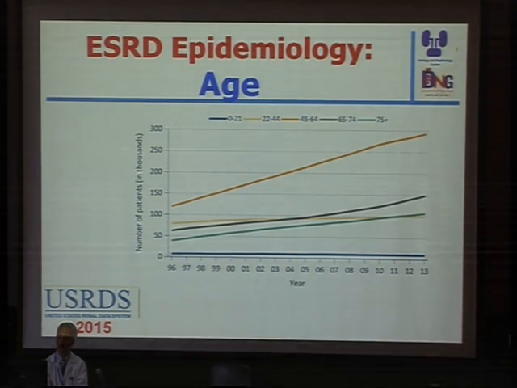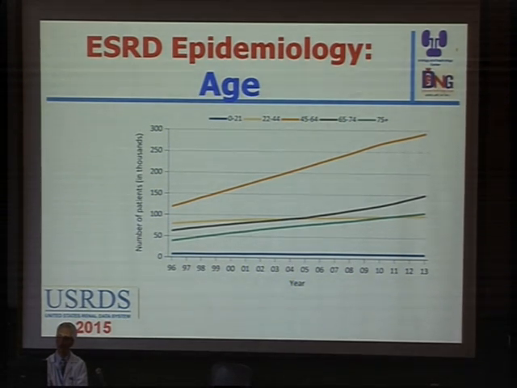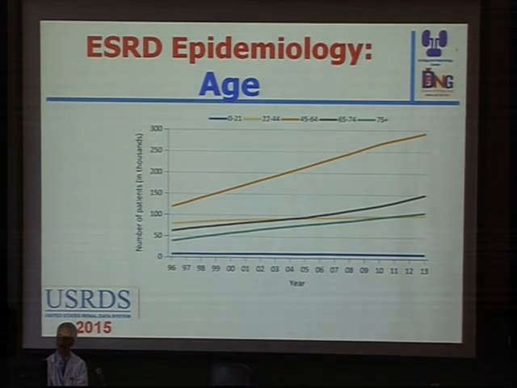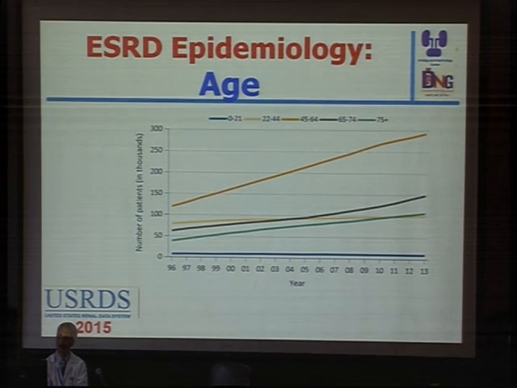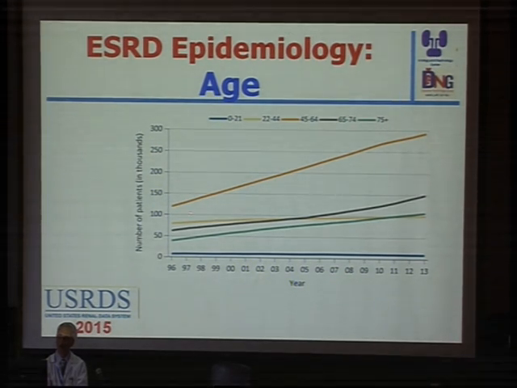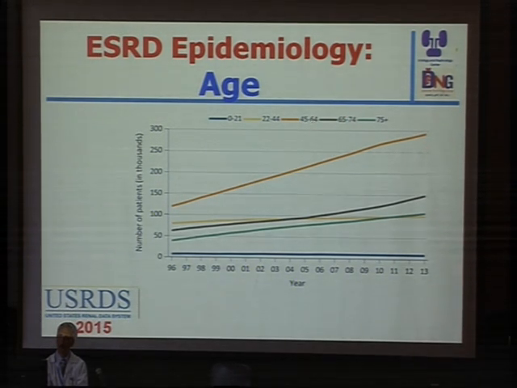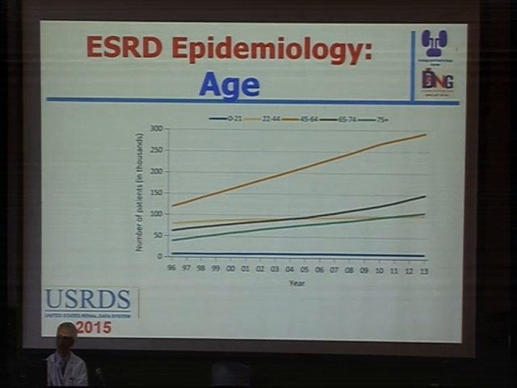What about the age of patients treated with dialysis? No age is exempted. If you look here to this brown colored line, you'll find it increased, and this brown color line reflects the patients on the productive age from 45 to 64 years.